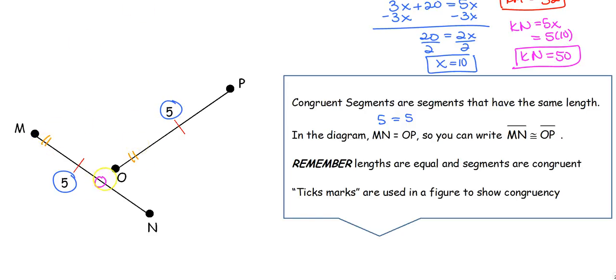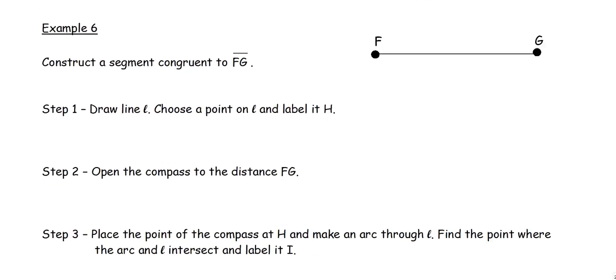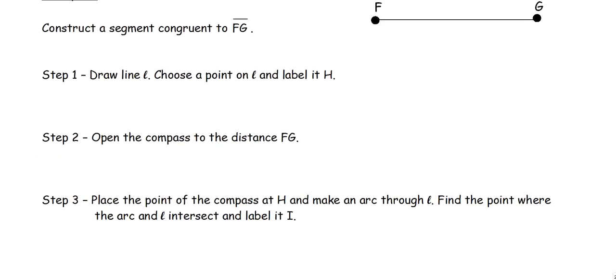I could use a circle, a squiggly, a triangle, or 3 lines. So it doesn't matter what your tick mark or your indicator is, as long as you use the same indicator on both diagrams.